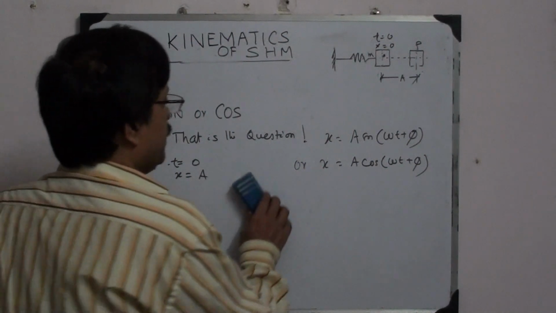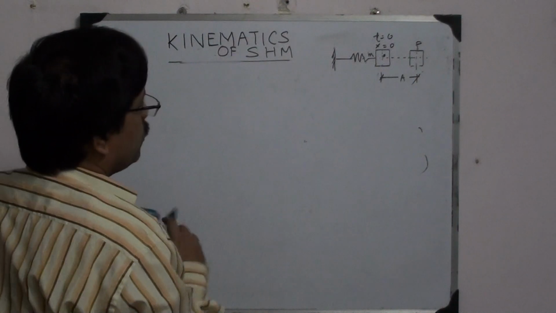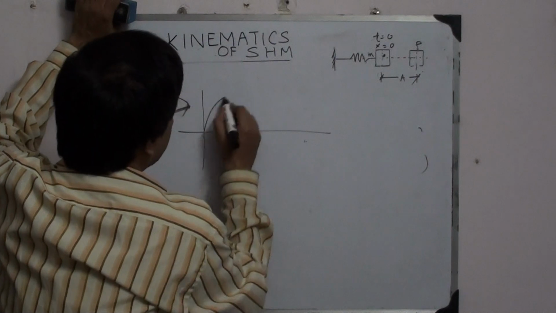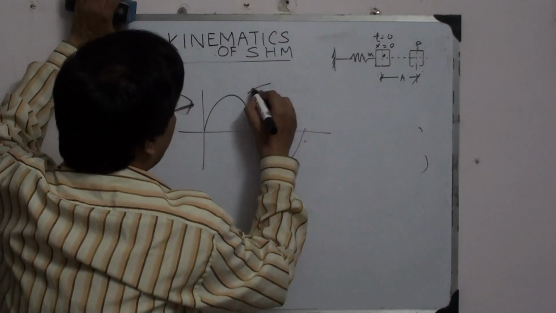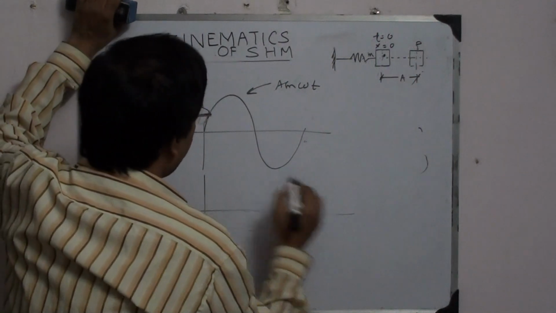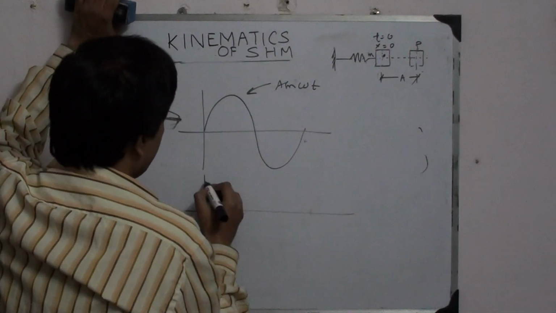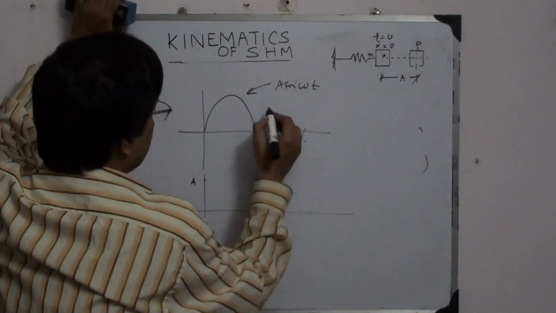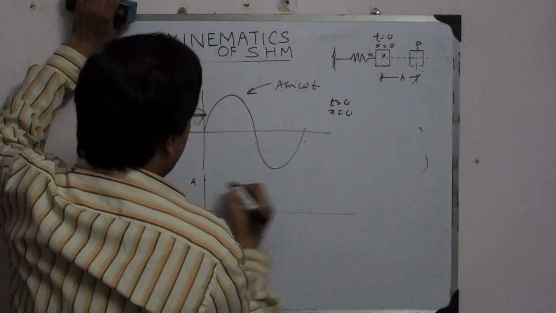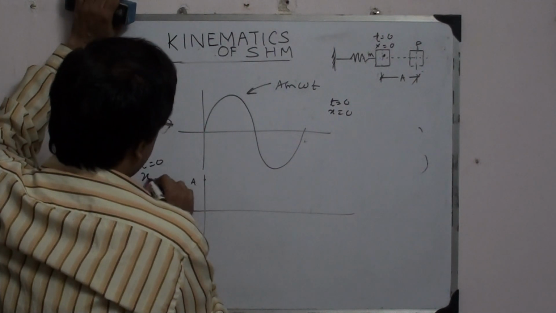If you graph these two functions also, suppose you have taken a sin omega t, then what do you get? You get this graph. This is the graph of a sin omega t. What is the graph of a cos omega t? When t is 0, it was a. So this is t is equal to 0, x is equal to 0. This is t is equal to 0, x is equal to a.